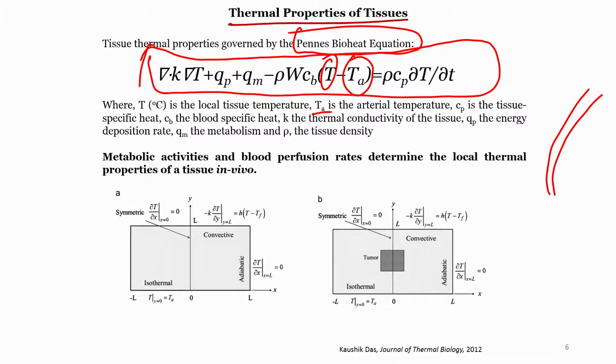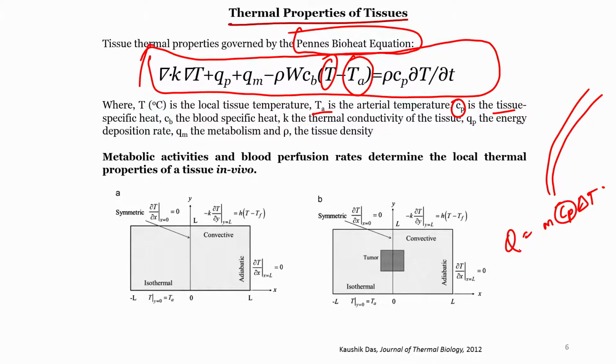Clear? Cp is the specific heat capacity of the tissue. What is specific heat capacity? You know, right? Specific heat capacity is a measure per kg or per unit weight: Q is equal to m Cp delta T. So what is Cp?